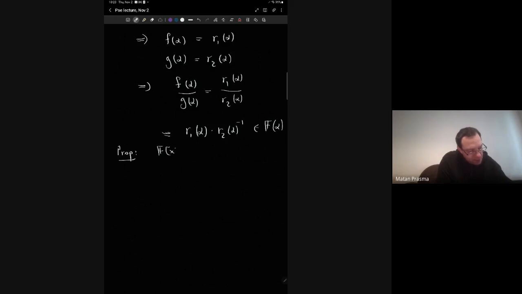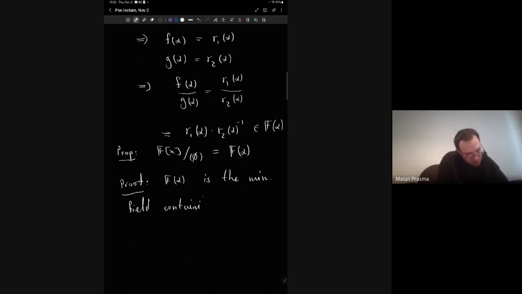So this is all to say that f of x modulo phi is simply equal to f of alpha. And the proof: f of alpha is the minimal field containing f and alpha.